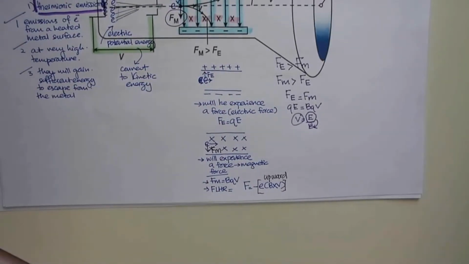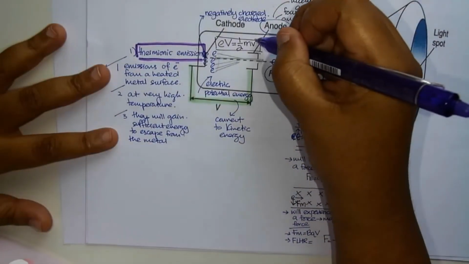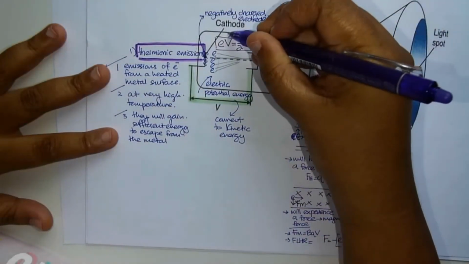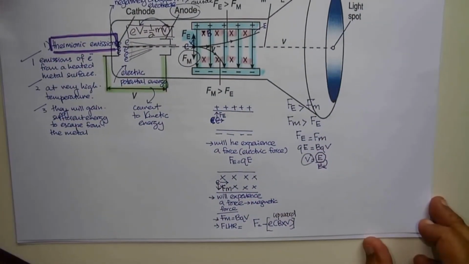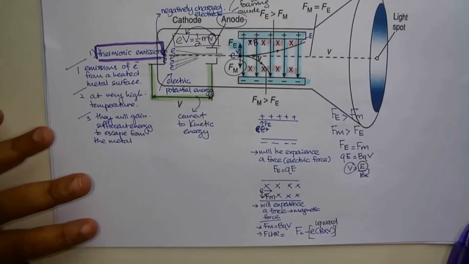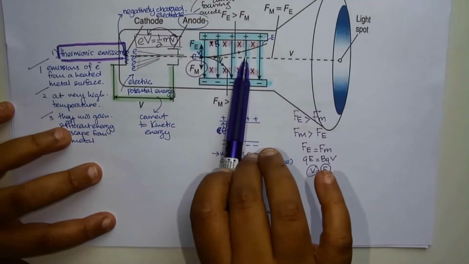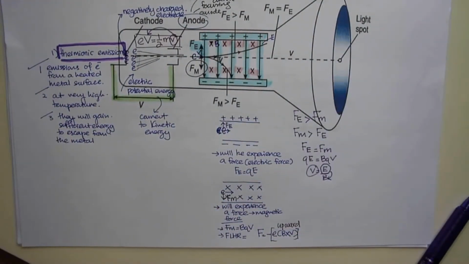Now how do we adjust the V? We adjust the V by adjusting the accelerating potential. Then only the electron will move straight and hit on the screen.